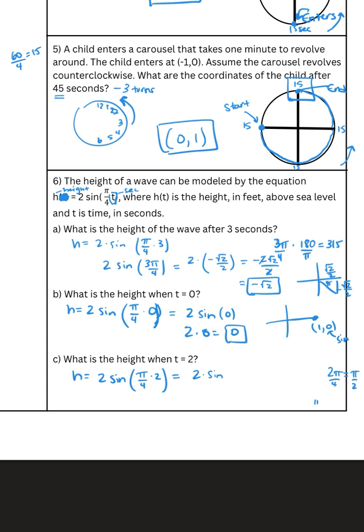And pi over 2 times 180 over pi is 90 degrees. So I'm looking to do the sine of 90 times 2. Here's my 90 degrees. And so my coordinates there are 0, 1. So my sine for that is 1. So 2 times 1 is just 2. And that is my answer.